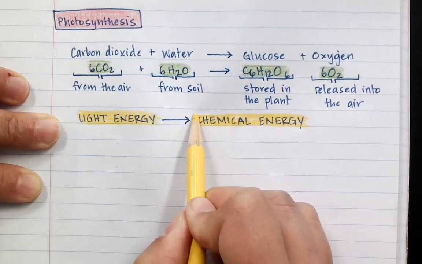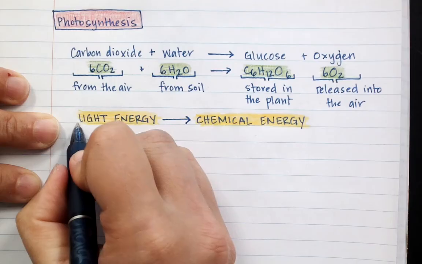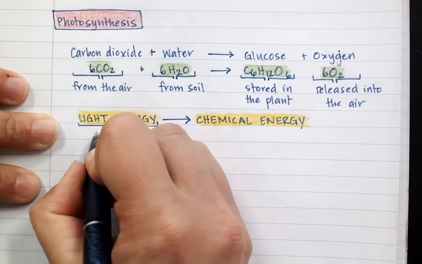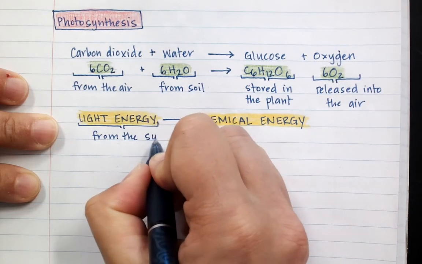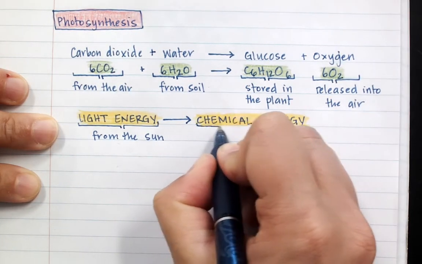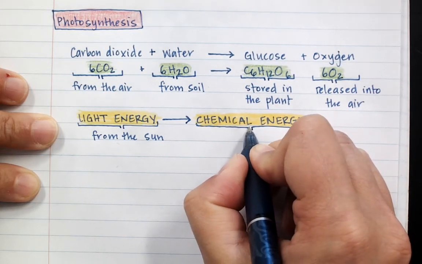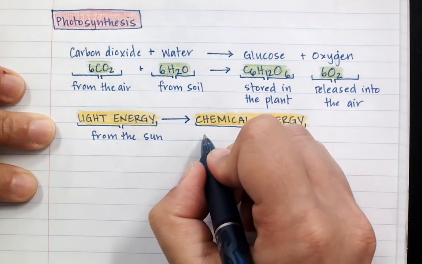And where does that light energy come from? Well, it comes from the sun. So light energy from the sun. And it ends up as chemical energy. Where is that chemical energy? It has to be inside of some molecules, and it's in the molecule glucose.